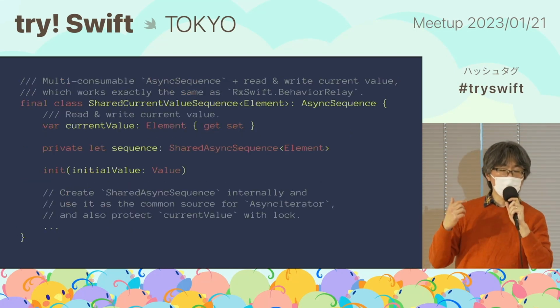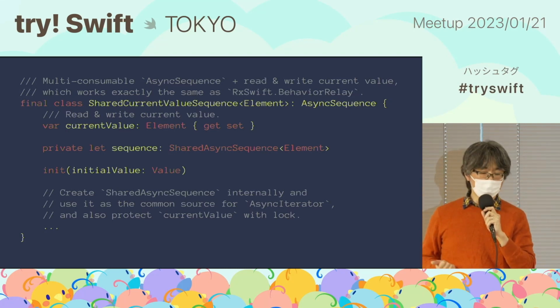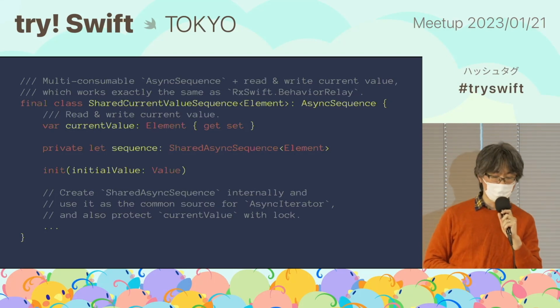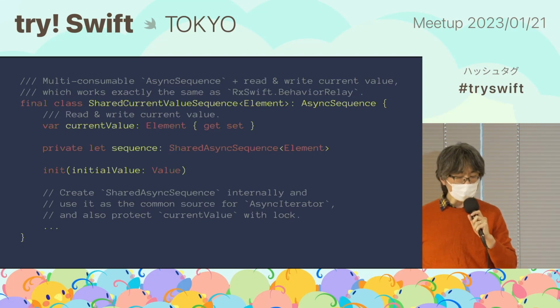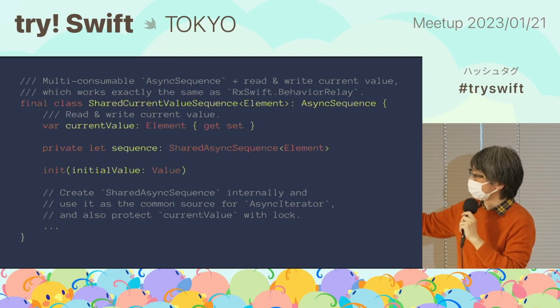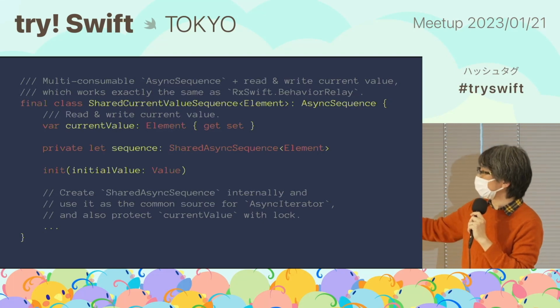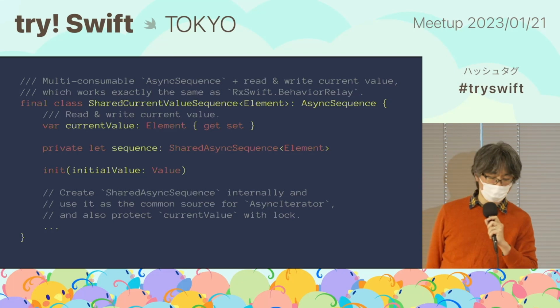Once we get this share idea in mind, we can consider a new async sequence that also has a read-writable current value inside. Here I named it SharedCurrentValueSequence. I omitted the implementation, but basically what we want to do is use the share API inside, and it is also protected by a lock mechanism for the current value.